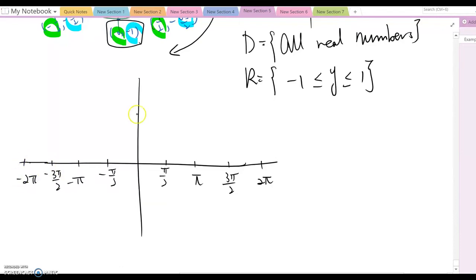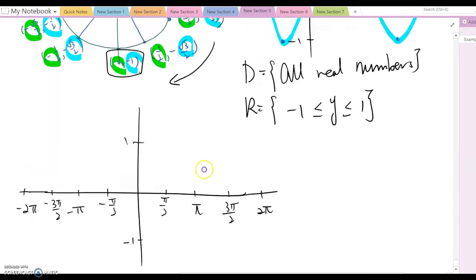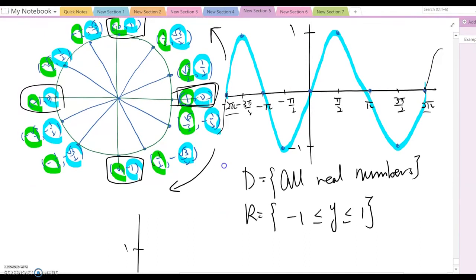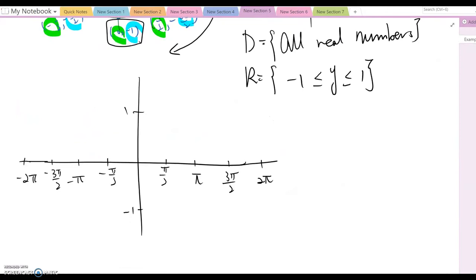Okay, and then 1 and negative 1. So as you see in this unit circle, the cosine value starts from 1. Okay, so I can plot the points.